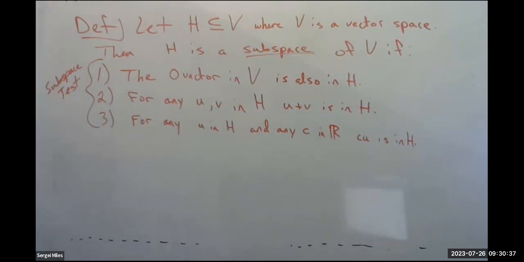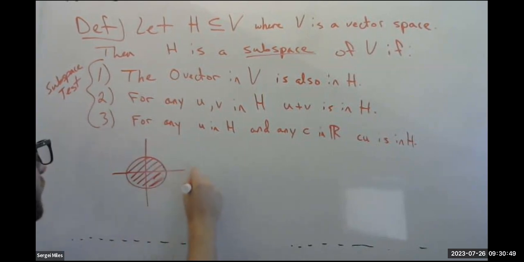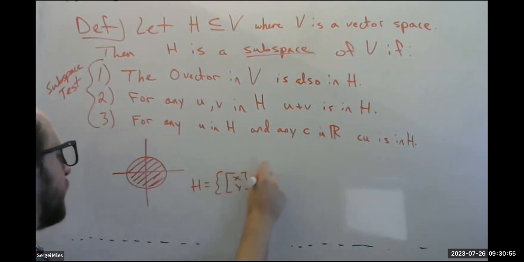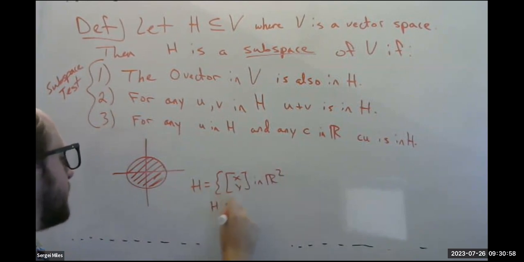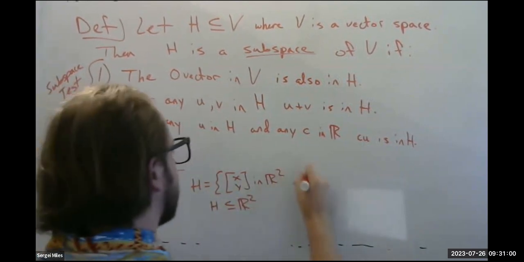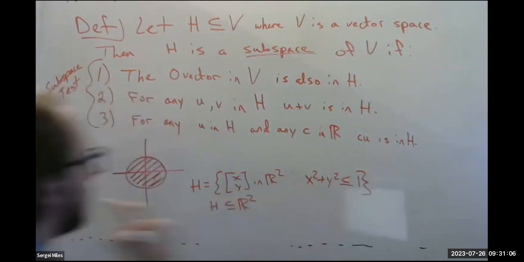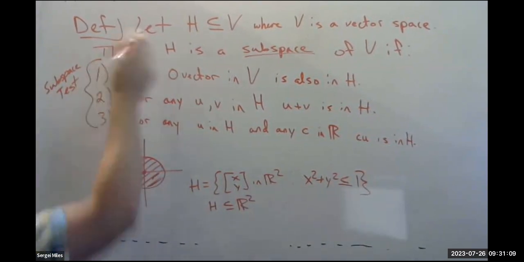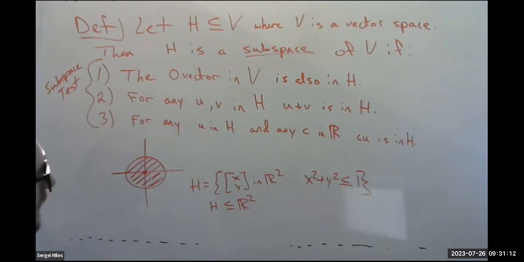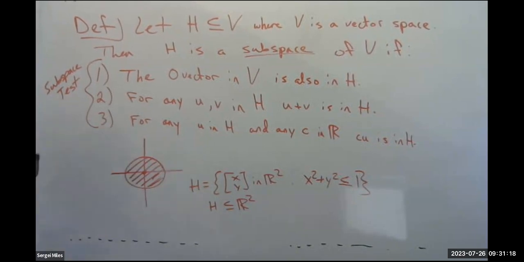But we've already seen examples of things which break this. For example, think about the unit circle. You can think about H, which is the subset of R2 such that x squared plus y squared is less than or equal to 1. We have the zero vector in there, so number 1 checks off. But for vectors I add together, it doesn't stay in here. If I add (1, 0) to (1, 0), I get (2, 0). That's out of the space.